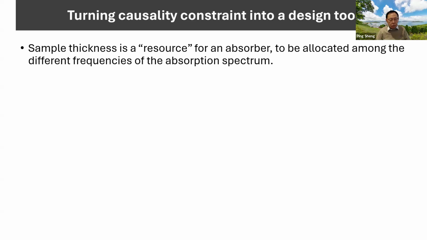So what we want to do here is to turn the causality constraint into a design tool. So how to do that? First of all, we interpret this causality constraint to mean that sample thickness can be viewed as a resource for an absorber, and that resource is to be allocated among the different frequencies of the absorption spectrum.